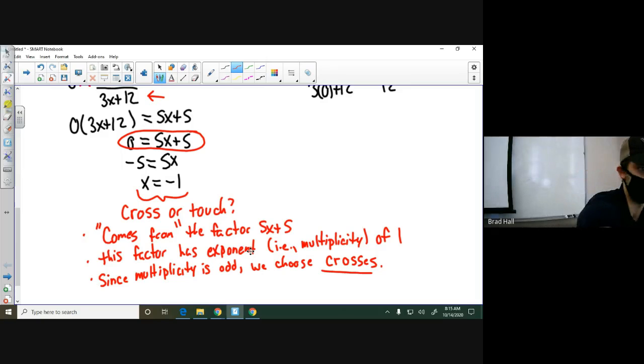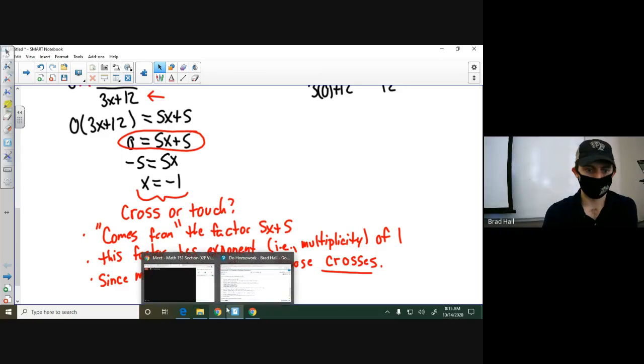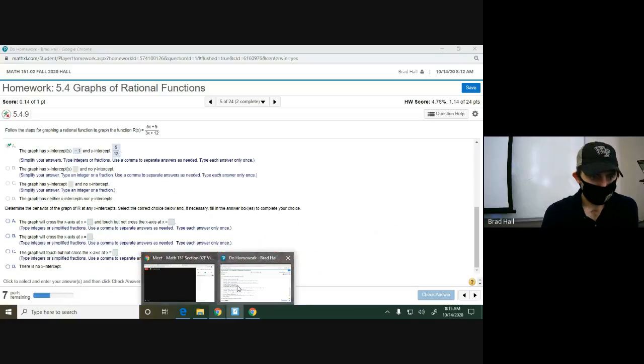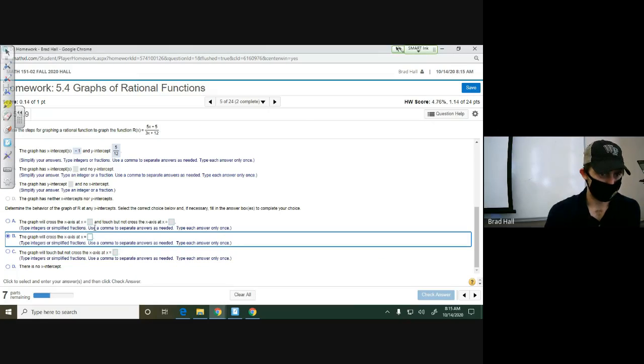That is the thought process, and I've now just detailed the thought process step by step, the exact way you should think about this problem. So if anything, I want to pick cross.